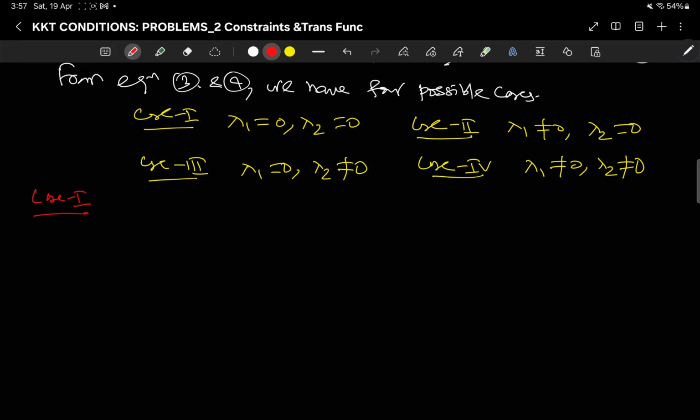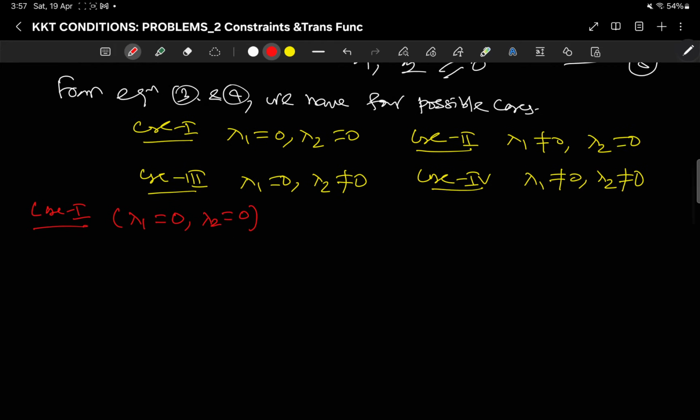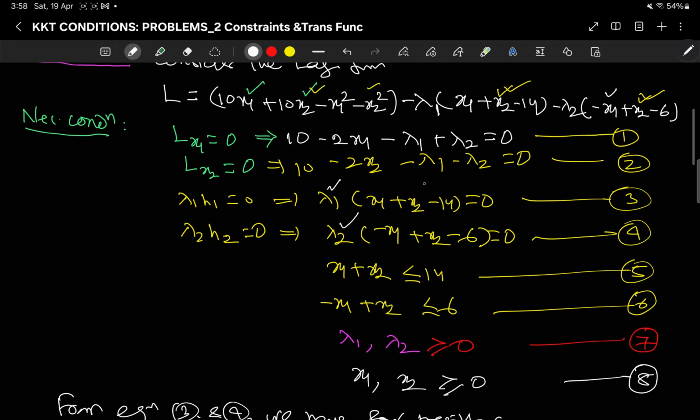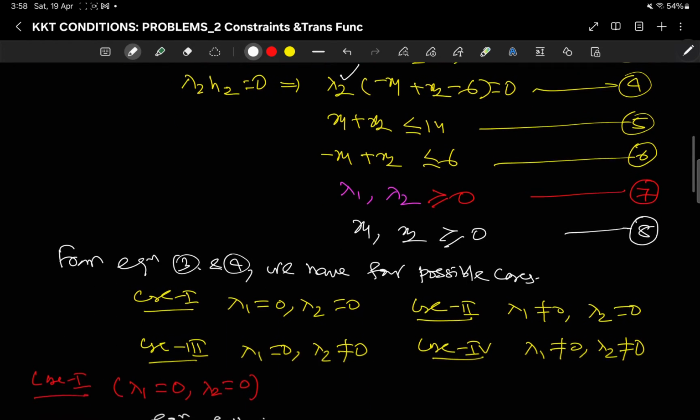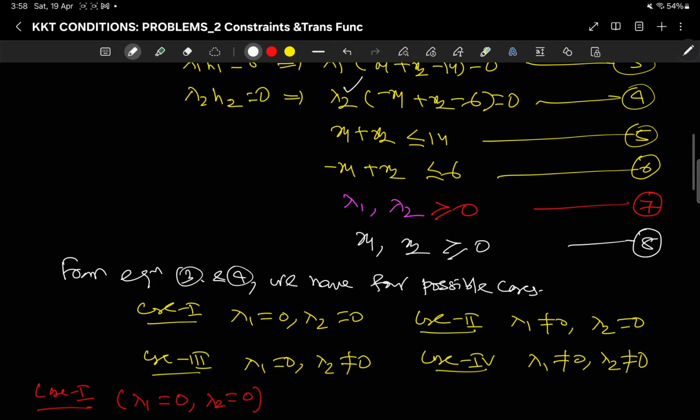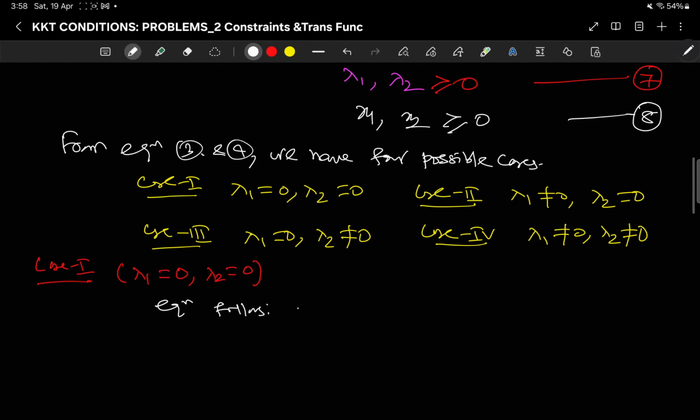Considering case 1: lambda 1 is equal to 0 and lambda 2 is equal to 0. Now equation 1 follows. Since lambda 1 and lambda 2 are both 0, we substitute: 10 minus 2x1 equal to 0, which implies x1 is equal to 5.